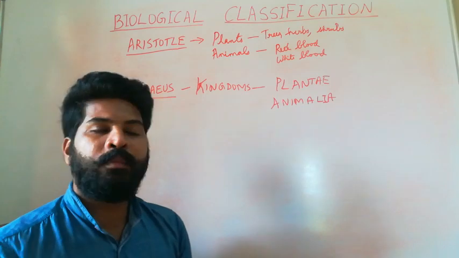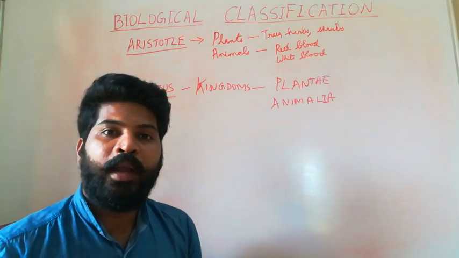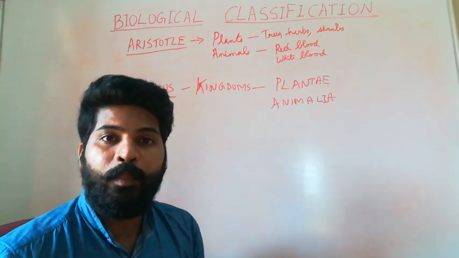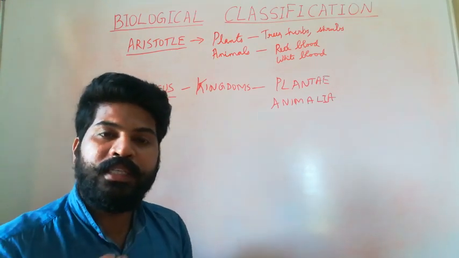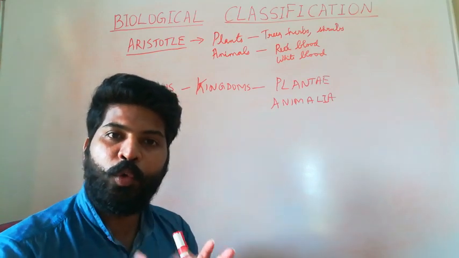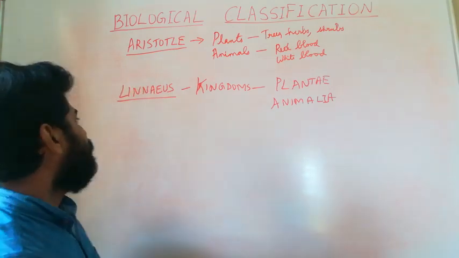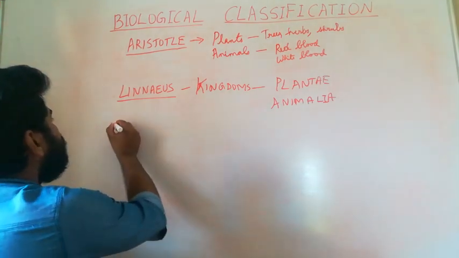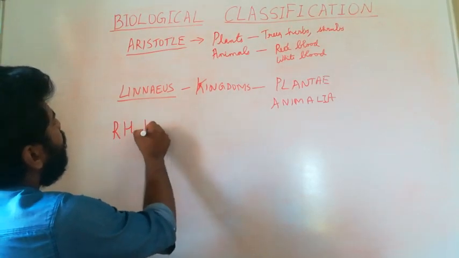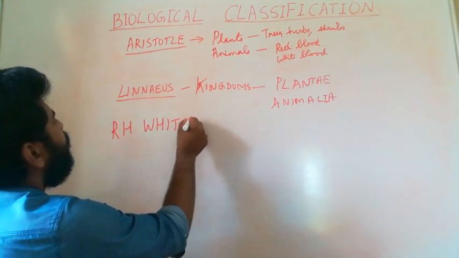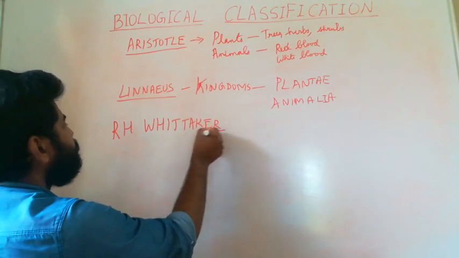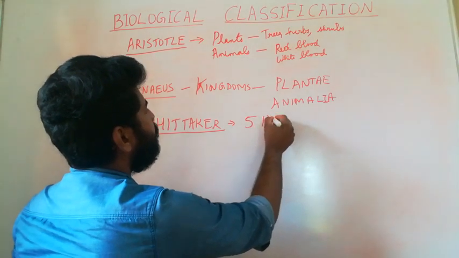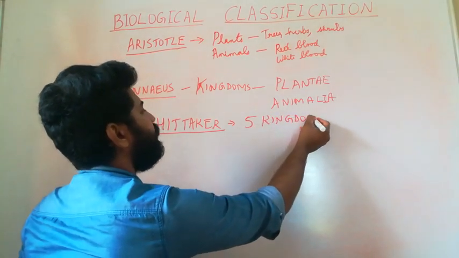As years passed, with the advancement of science and technology, and with the advancement of microscopy, more and more features were considered for grouping of organisms, and an advanced system of classification was then provided by R.H. Whittaker, which is called the Five Kingdom System of Classification.